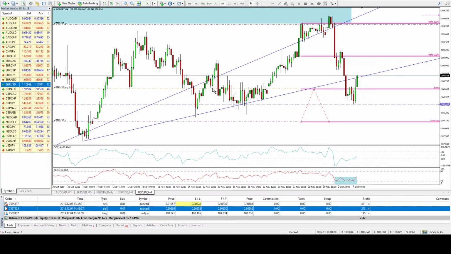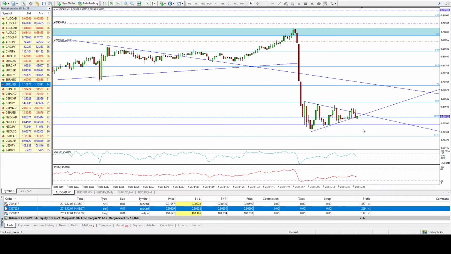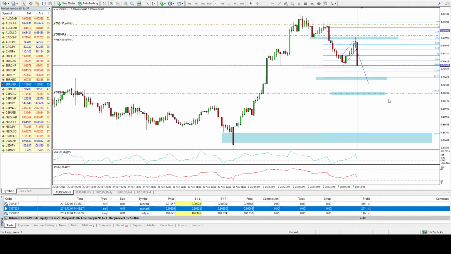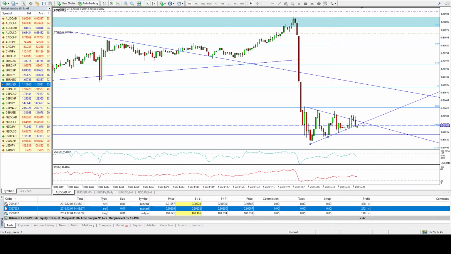I'm gonna put a trail on this just in case for 45 pips. Going back to Aussie, let's go back here. Let me get rid of these.